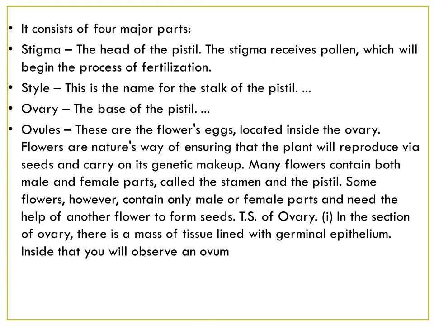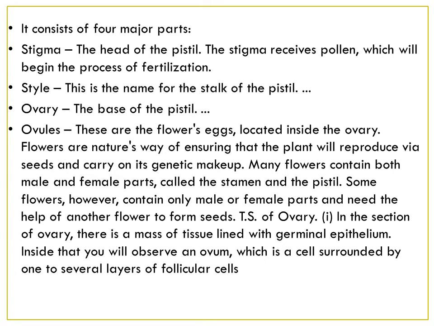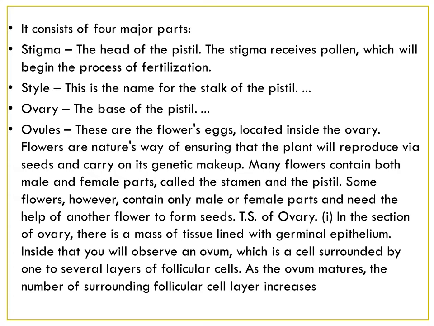Now, TS section of the ovary. In this section of the ovary, there is a mass of tissues lined with germinal epithelium. Inside that, you will observe an ovum, which is a cell surrounded by one to several layers of follicular cells.